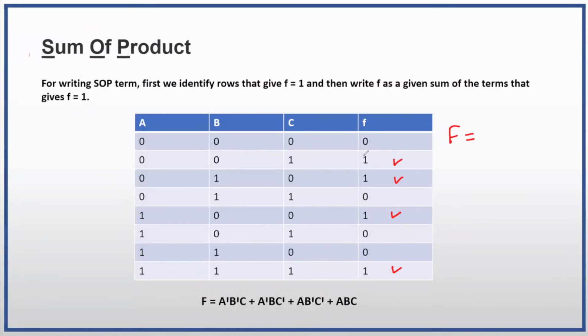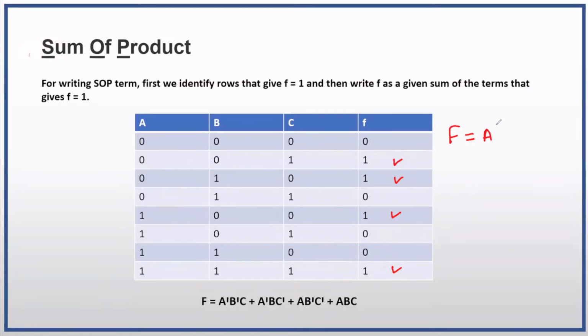For this one, you get A as 0 input, B as 0 input, but C as 1. But you should know, always when we are dealing with sum of product, we want to consider 1. So we have to convert these inputs to true values. So what you have to do?